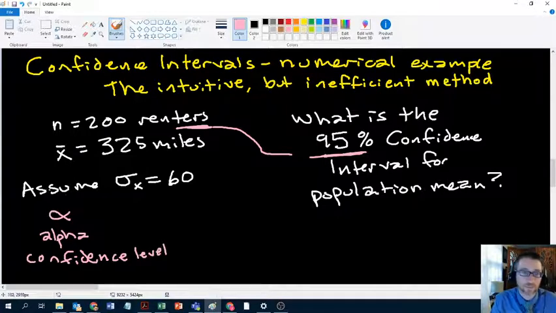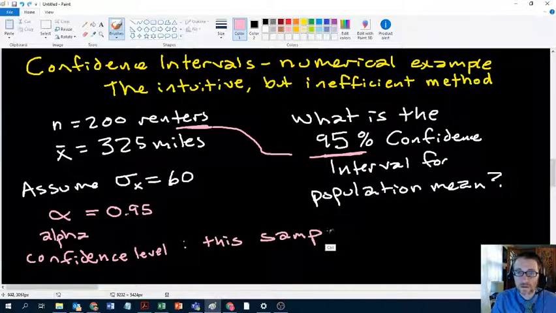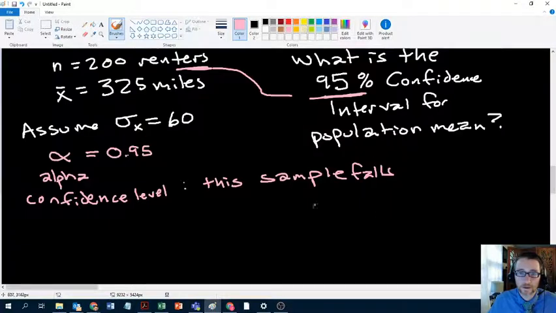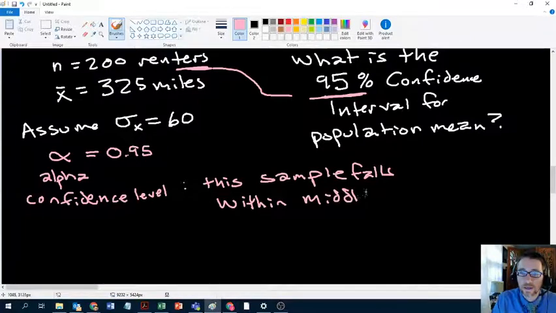We are going to make the assumption, in this case alpha is 0.95, that this sample falls within the middle 95% of all samples.